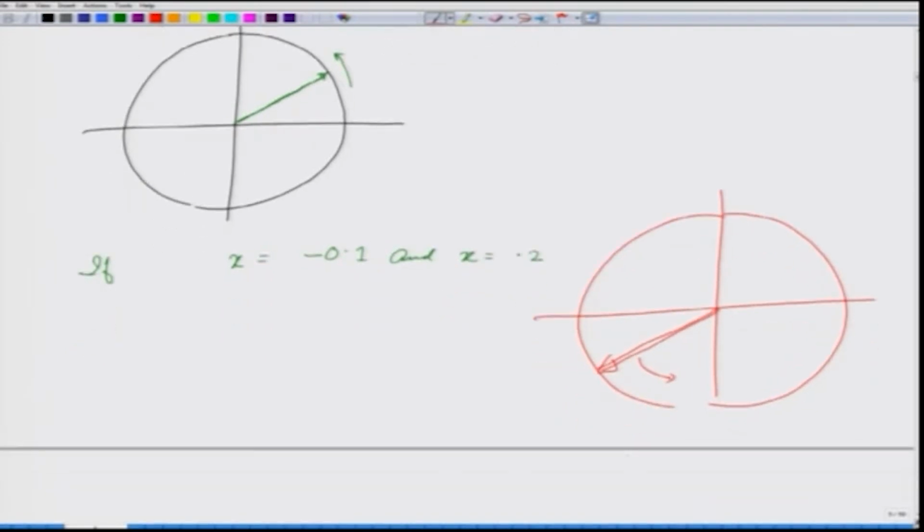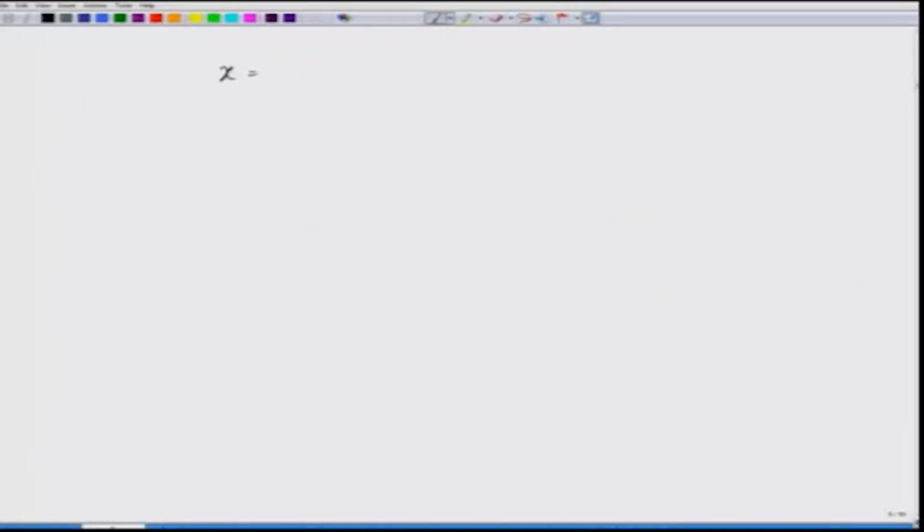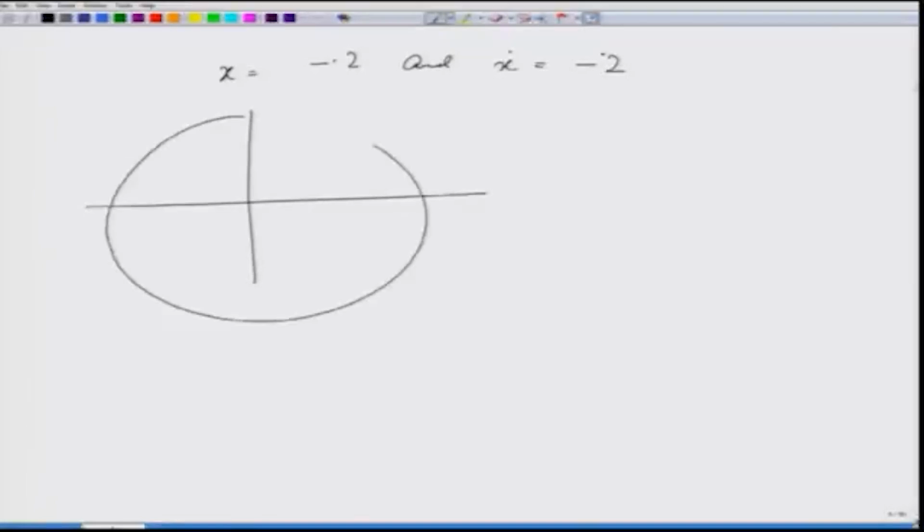And by our convention, since we restrict phi from minus pi to pi, this will be phi negative out here. Finally, if I have x equals, let us say, minus 0.2 and x dot is equal to minus 0.2, then both are negative and the phasor would be somewhere here and rotating like this.